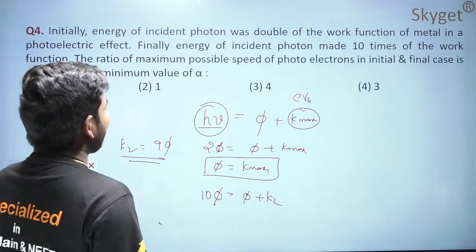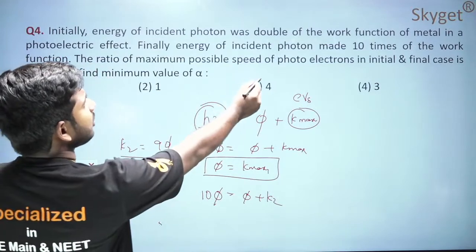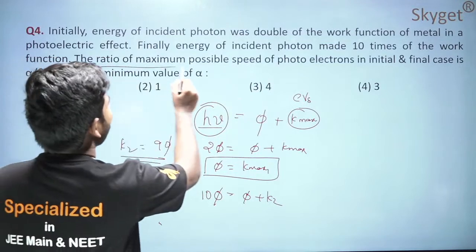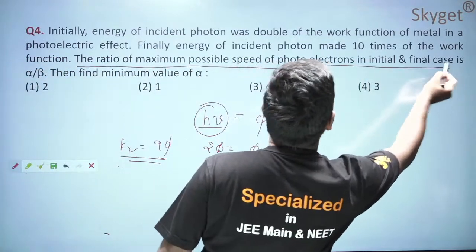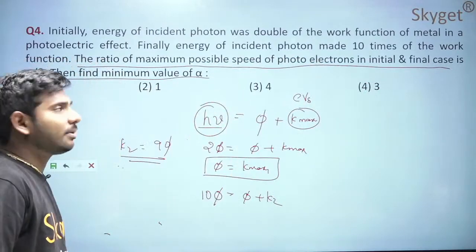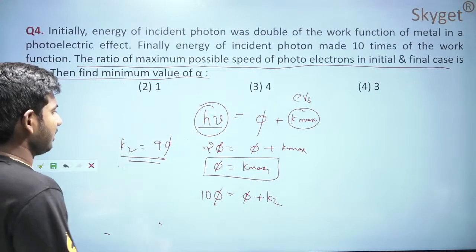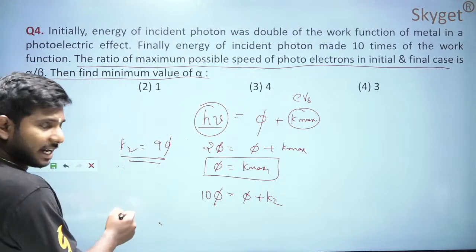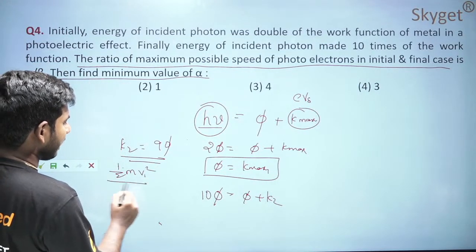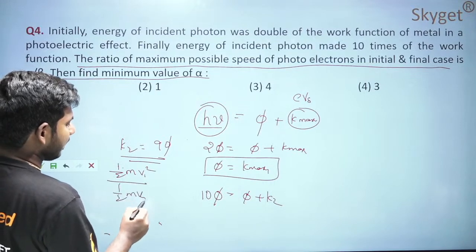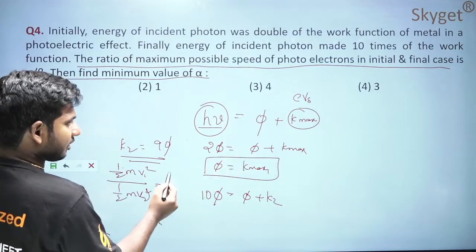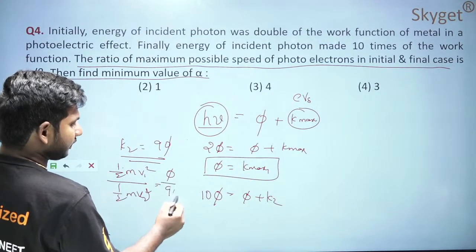Here the kinetic energy is known. He is asking for the ratio of the maximum possible speed of photoelectrons in the initial and final cases, alpha by beta, and then to find the minimum value of alpha. So K1 by K2 is half m v1 square by half m v2 square, the maximum speed squared, which is equal to K1 by K2, that is 5 phi by 9 phi.